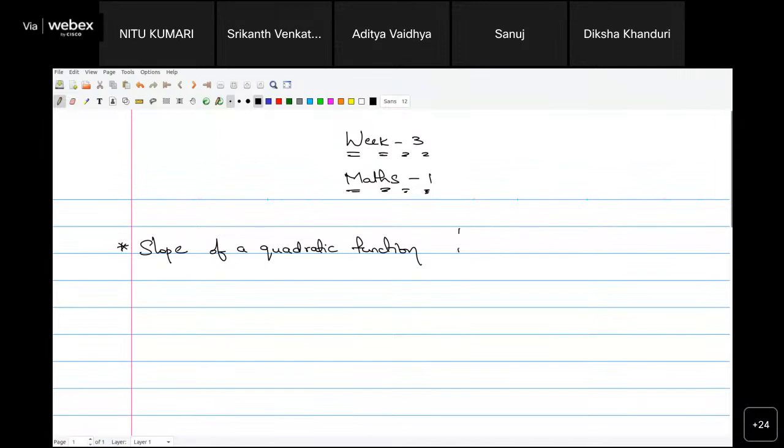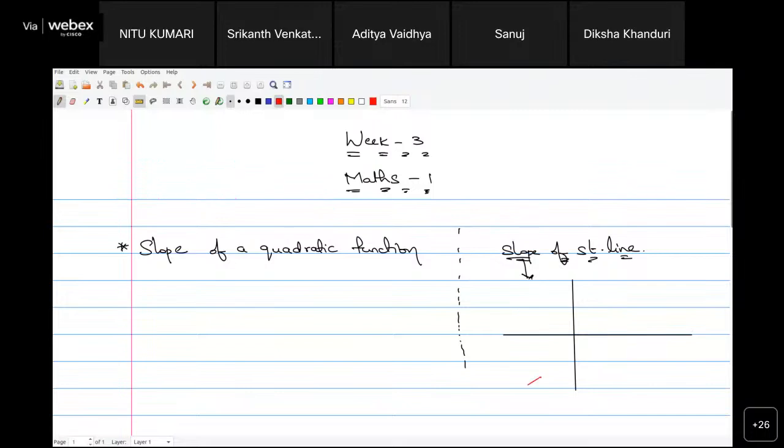Do you remember anything there? Yes, sir. Slope of a straight line. Right? So what does this slope refer to? What is the physical meaning of slope in a straight line?